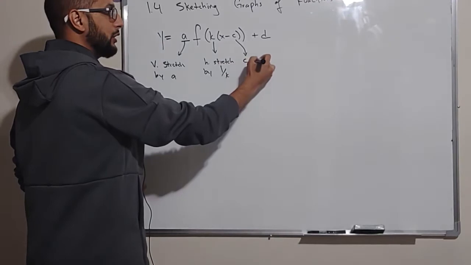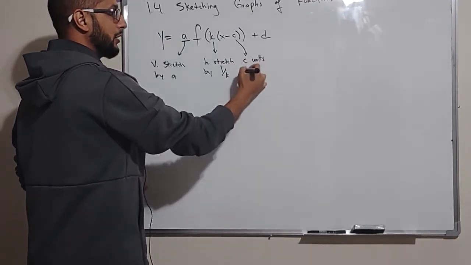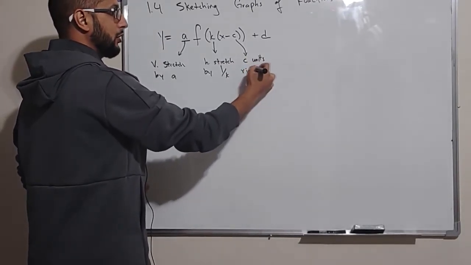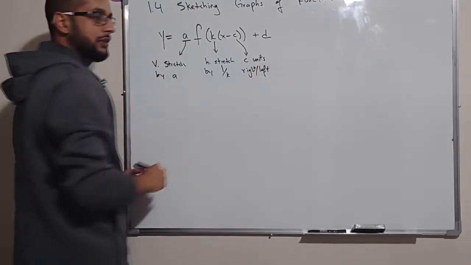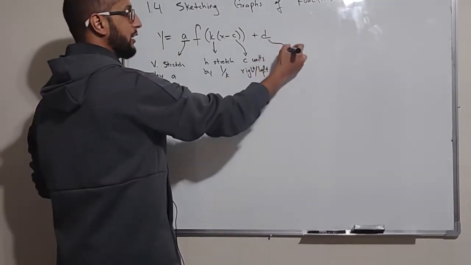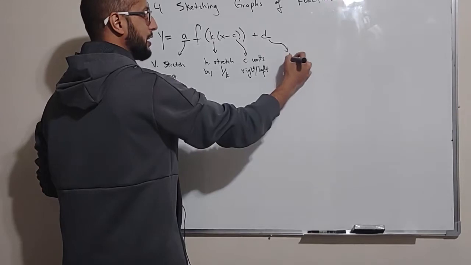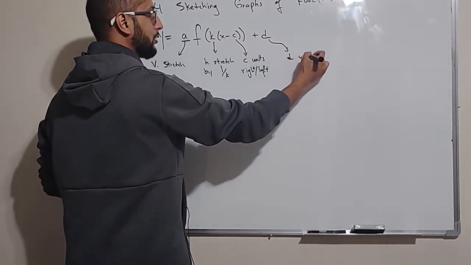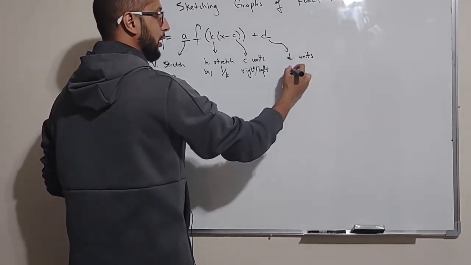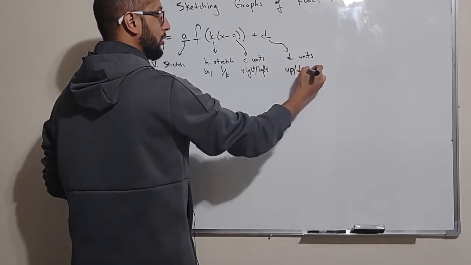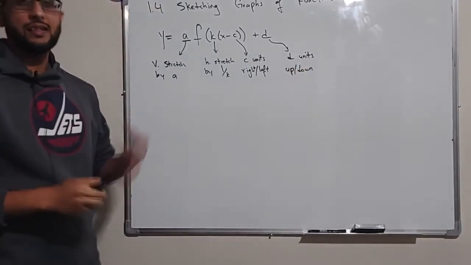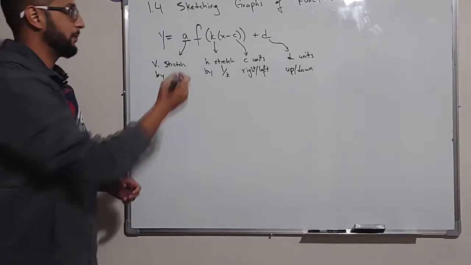It is C units either right or left. And D, which is outside the function, it is D units up or down.